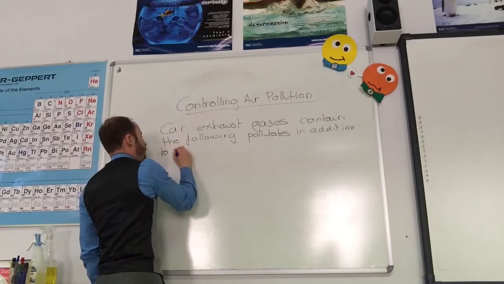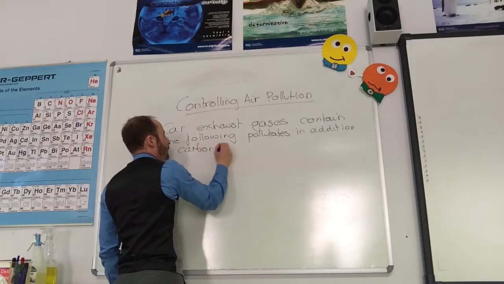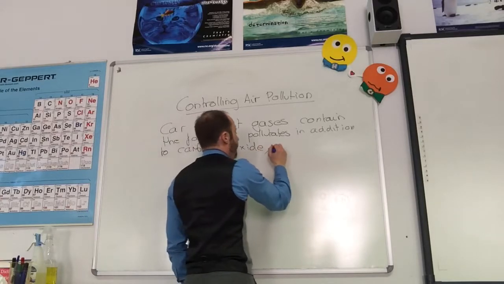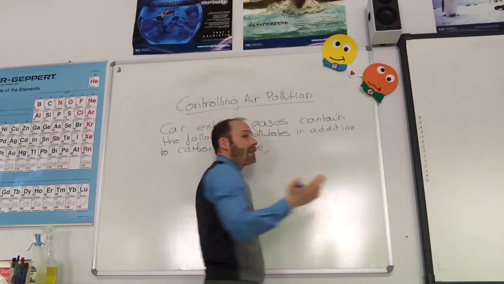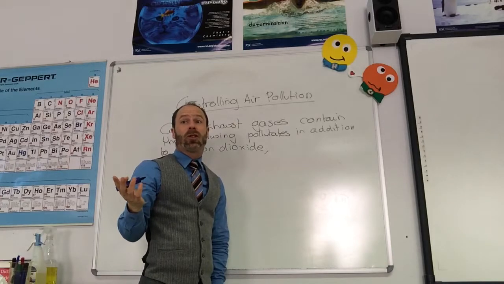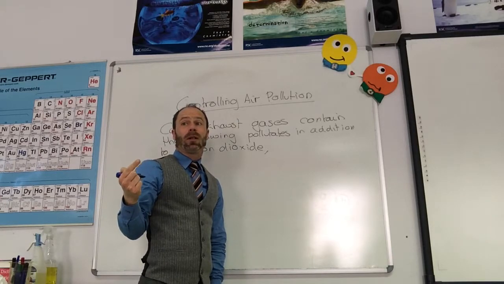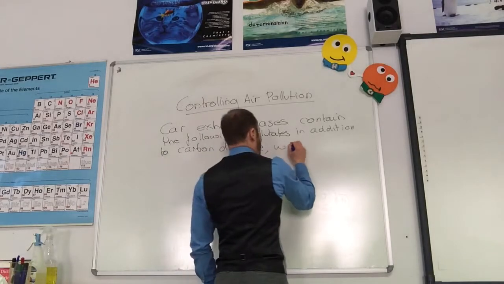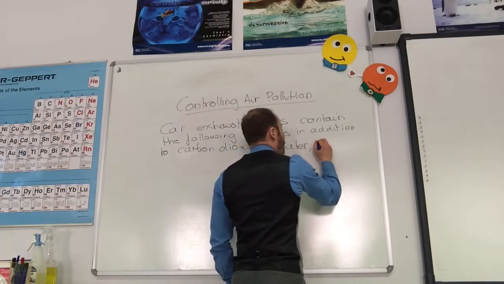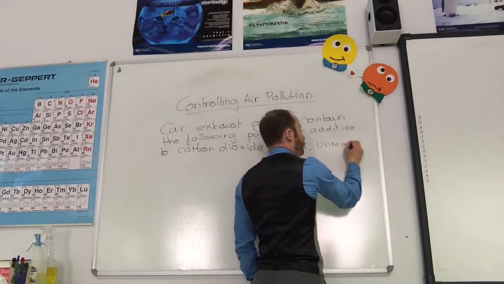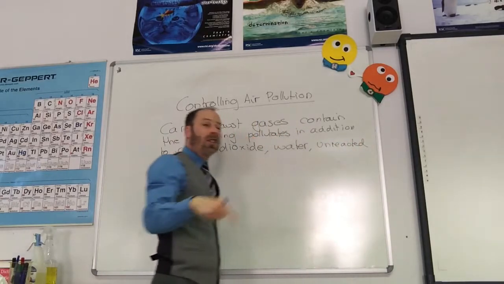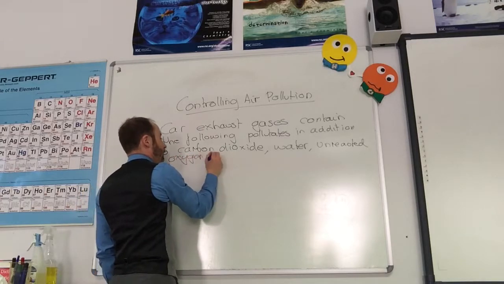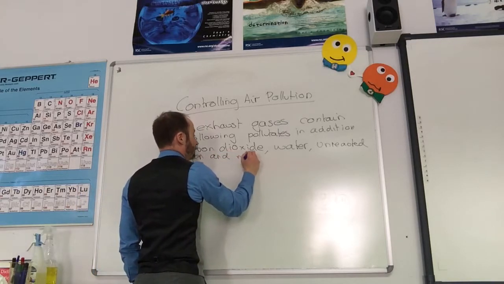That's what we looked at with global warming. What is another product of combustion? Carbon dioxide plus water, yeah, water. And also we're going to have unreacted oxygen and nitrogen gas that has gone straight through. So oxygen and nitrogen.